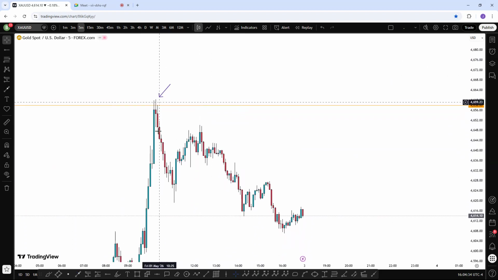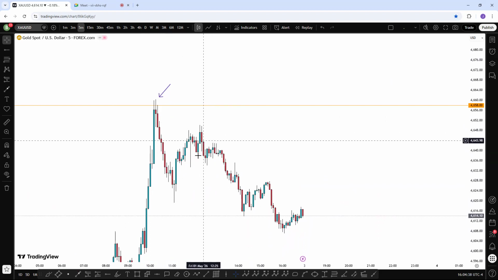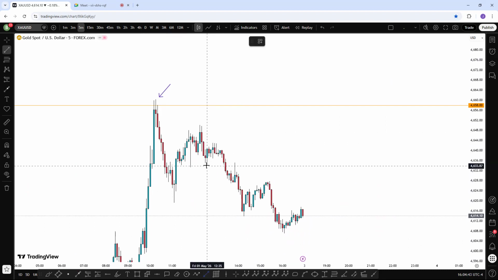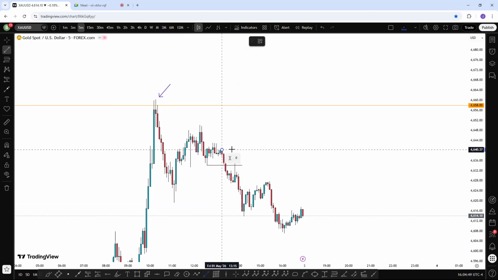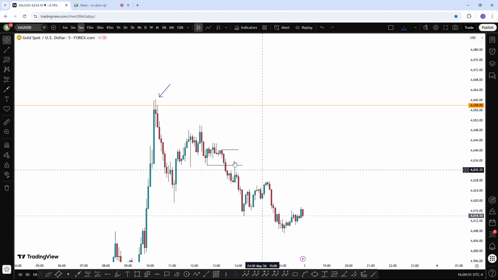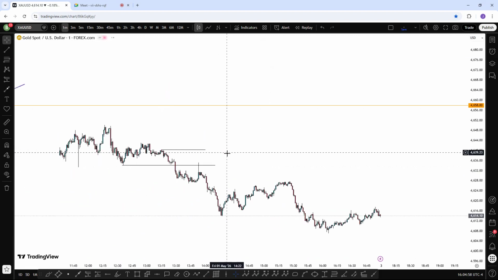Then a possible opportunity must be formed. So here price breaks again. We wait for price to take this high or to test this level. Then go to 1 minute, for example, and see if you can find opportunity.